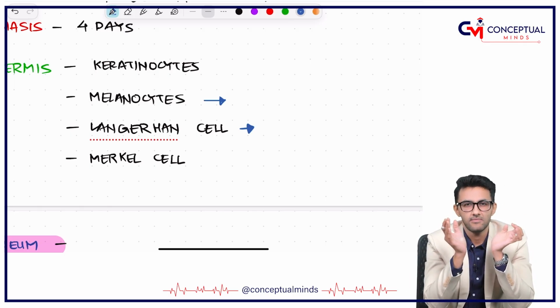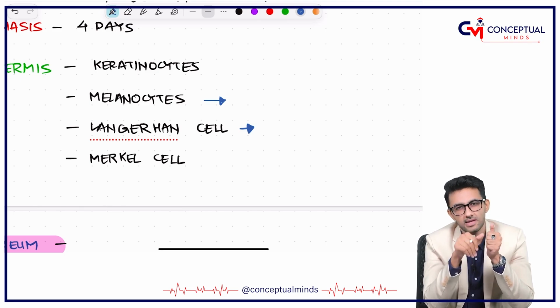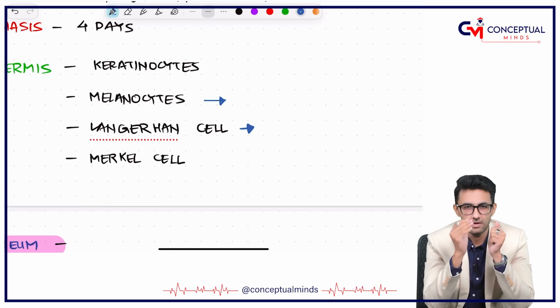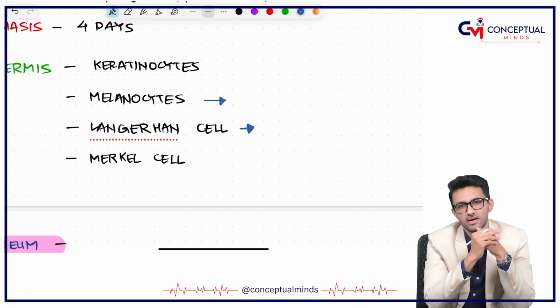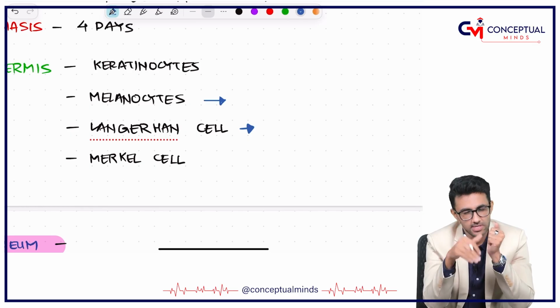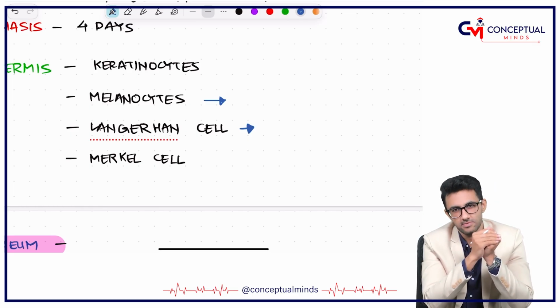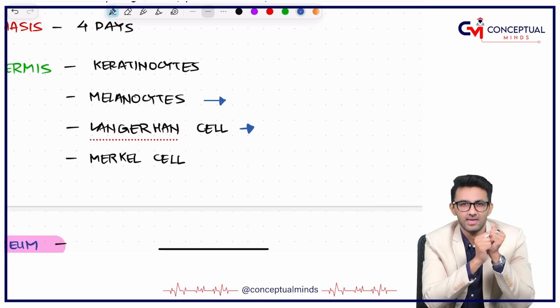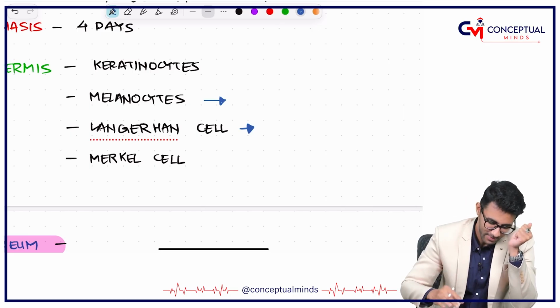I'll discuss a table with you when I am done with the types of cells, and over there we can definitely spare some time to discuss all the different types of touch receptors, which is a star topic of all the exams. So we can use the opportunity to have a good revision as well. Alright, so let us move on.